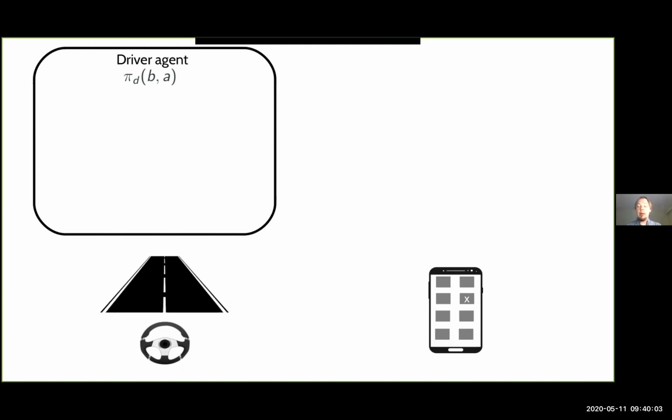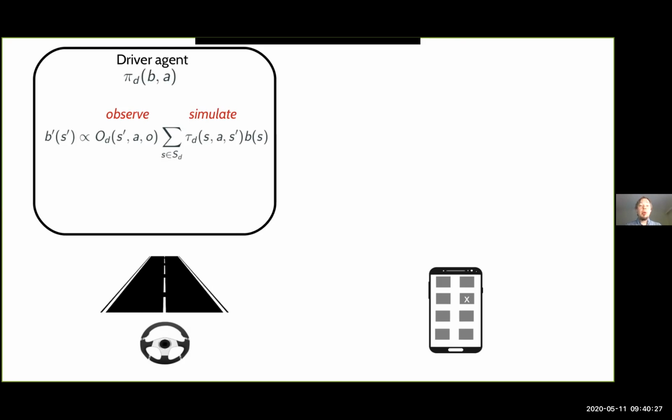So we don't let the driver agent know the current driving state. It can only make observations. And based on its observations, it keeps a distribution, a belief distribution, over all the possible states in which the driving task can be.